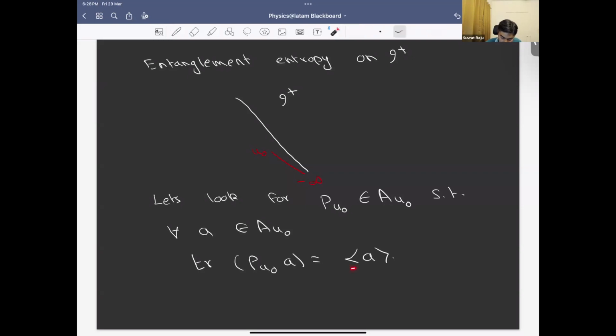So we are in some state. Corresponding to that state, we can define a density matrix which has this property. And then we can define S of u naught is equal to minus trace of rho u naught log of rho u naught. Okay, that's how we would define the entanglement entropy.